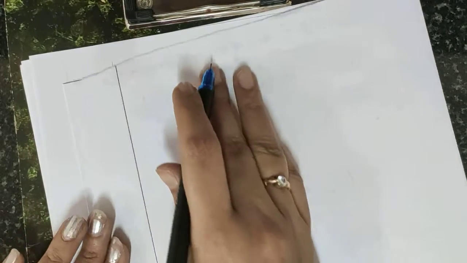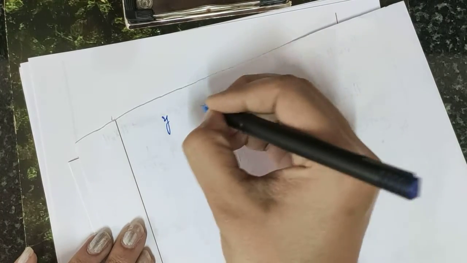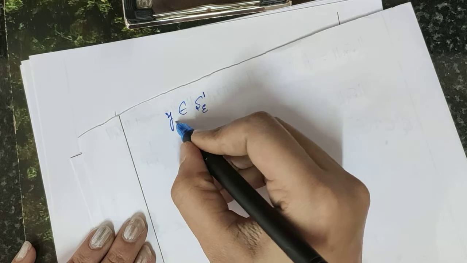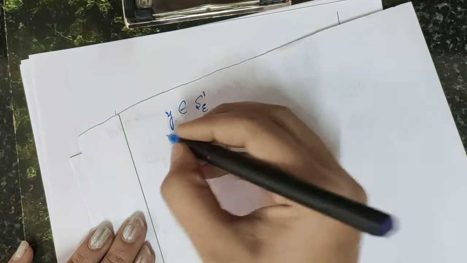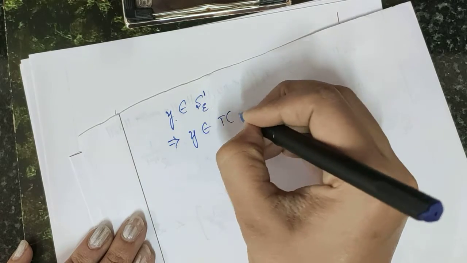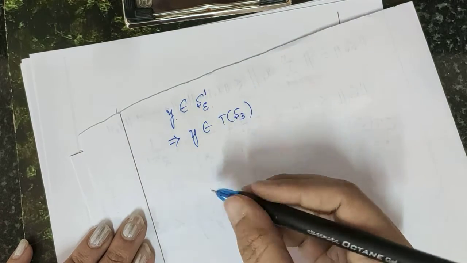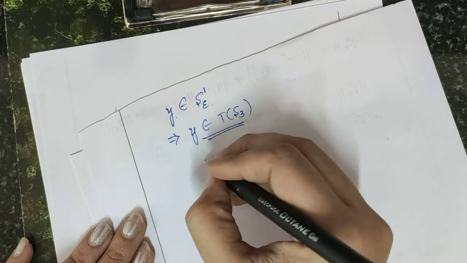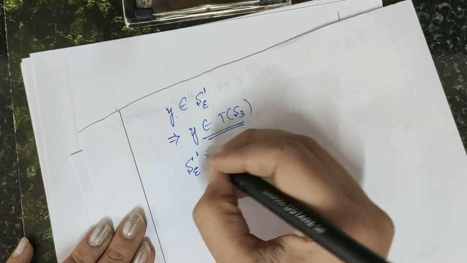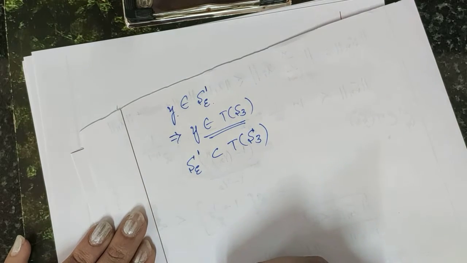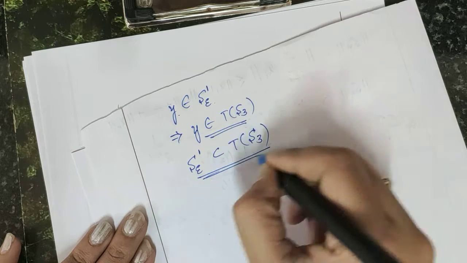Now, that implies that initially I have taken the open sphere as S epsilon prime, since y belongs to S epsilon prime, and this implies y belongs to T of S3. This is what I have proved now. So from this we can conclude that S epsilon prime is a subset of T of S3. This completes the proof.